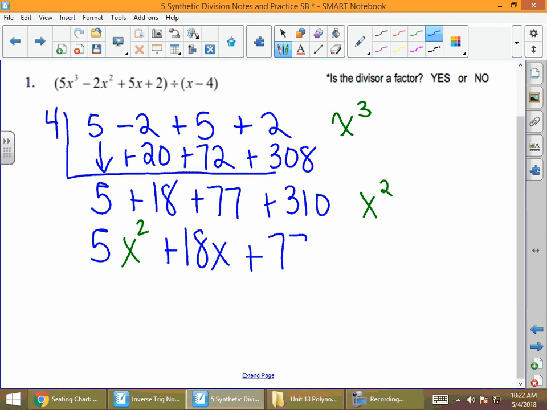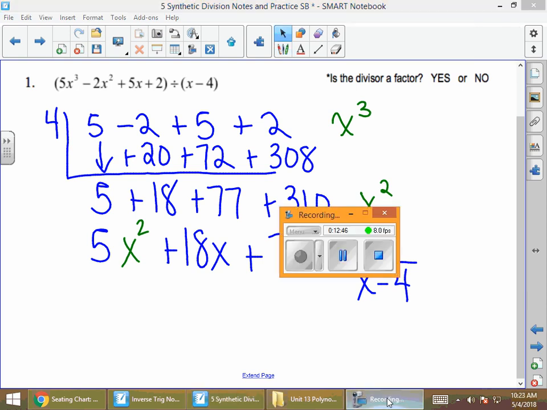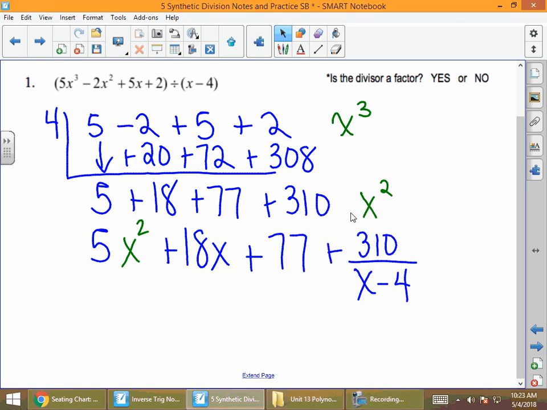Plus 77. 0 degree. Which means that that last number of 310 is going to be the remainder. It's 310 over x minus 4. Is the divisor a factor? No. We have a remainder. It's not a factor.